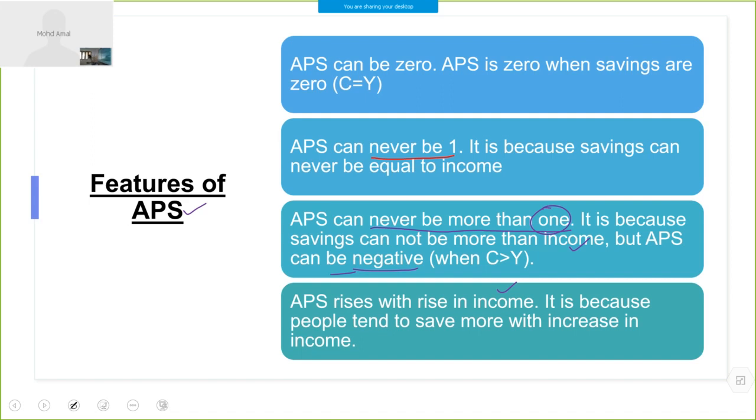First feature, APS can be 0. Second, APS can never be 1. Third, APS can never be more than 1. Then APS rises with rise in income. These you can take as reasons.